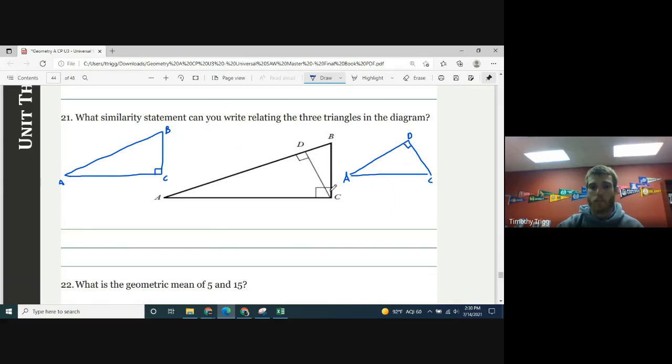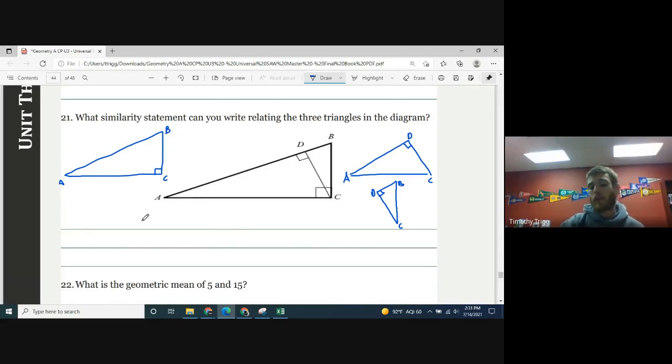And then we have this small triangle. Draw it over here. Where, again, angle D is the right angle. So DBC. Okay, so three triangles in total.